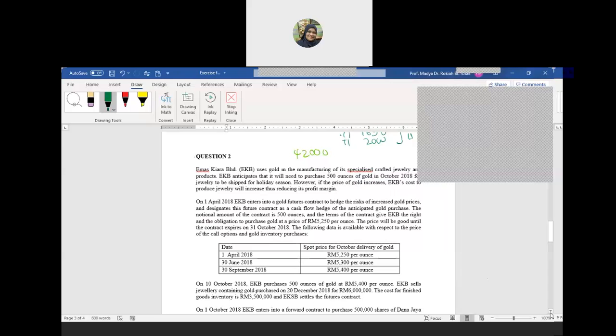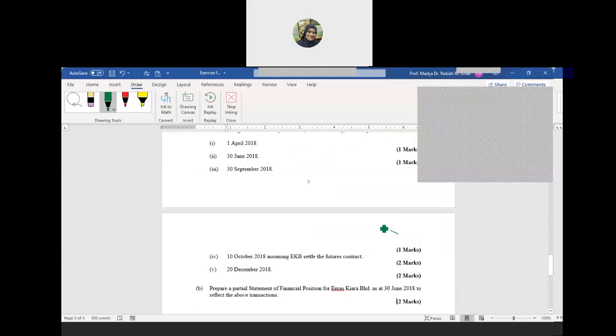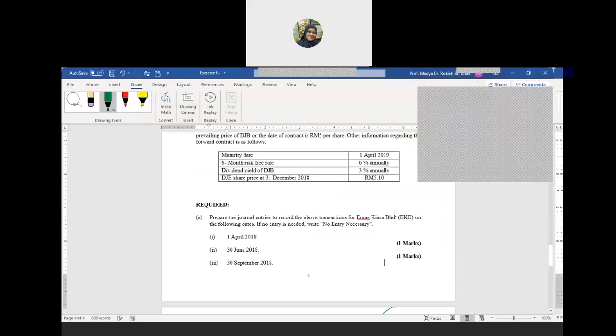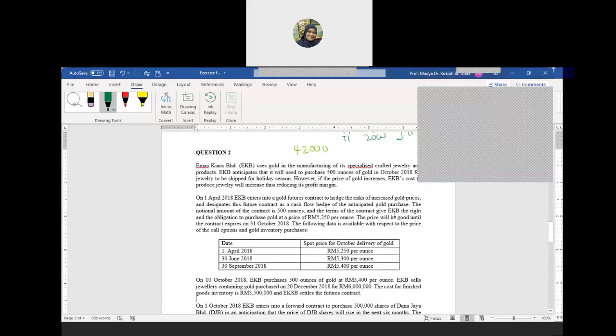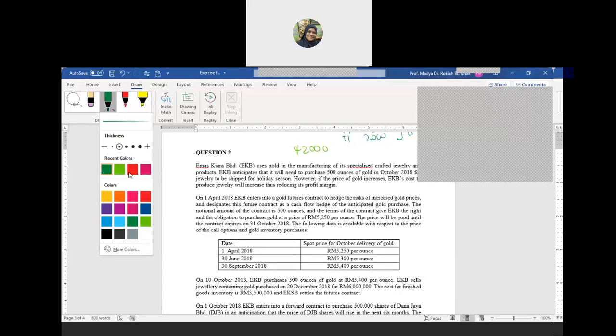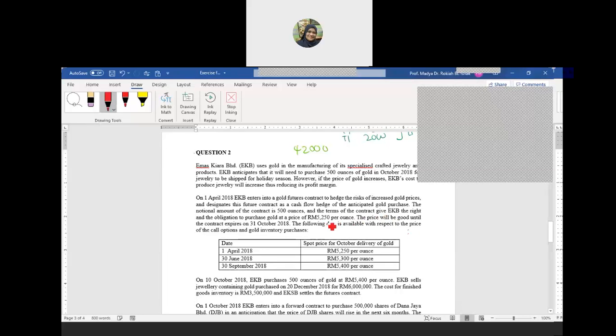The notional amount of the contract is 500 ounces, and the terms of the contract give EKB the right and obligation to purchase gold at a price of 5250. So the contract price here is 5250.